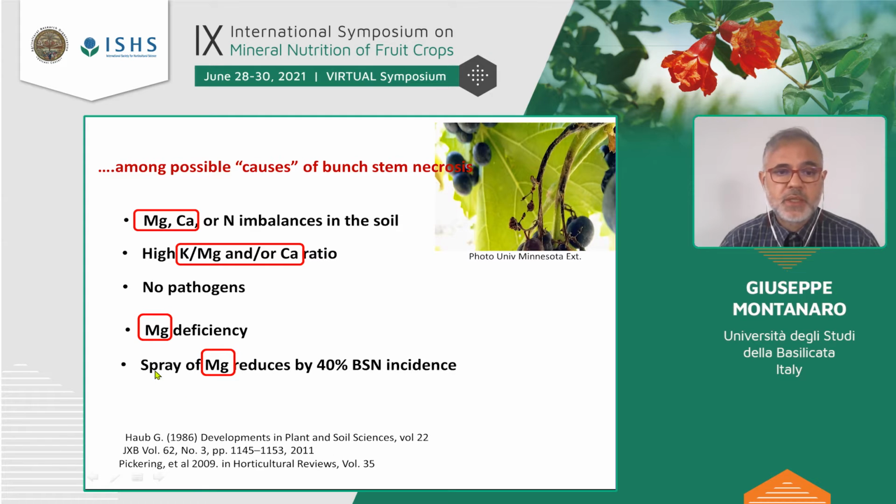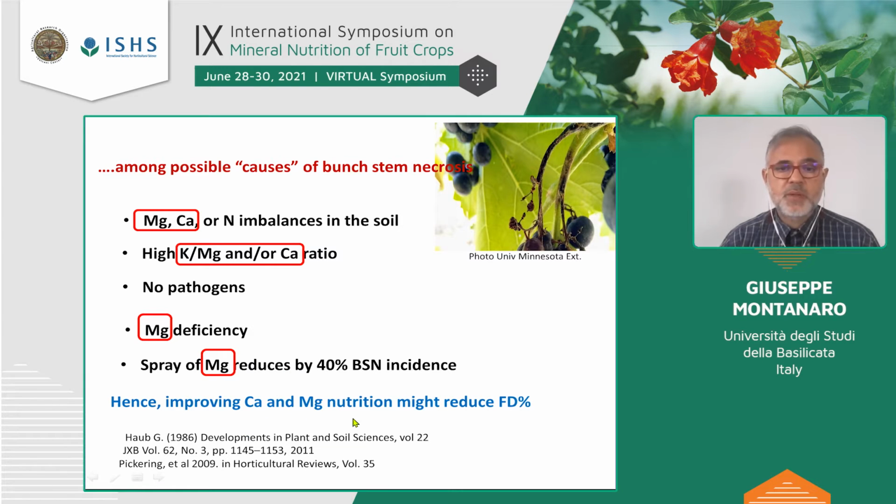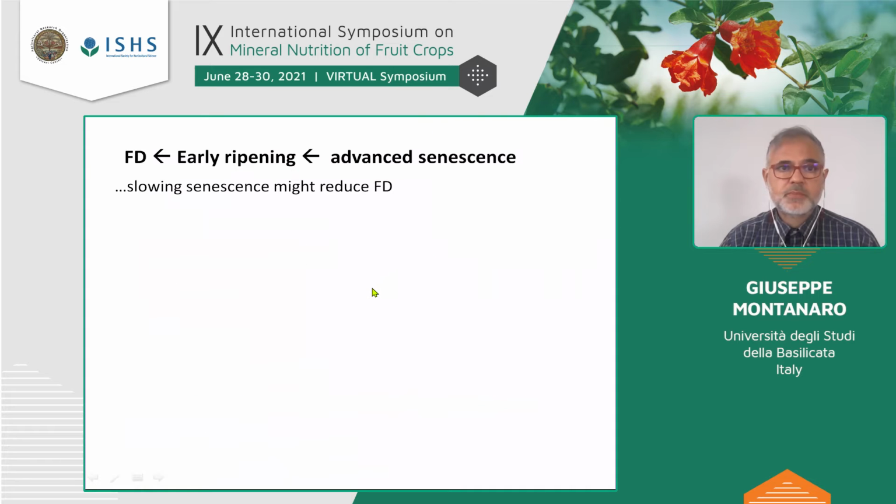Also, if you spray magnesium, the necrosis could be reduced by 40%. As you can see, there are very frequent similar messages about mineral nutrition. So if we improve calcium and magnesium nutrition, fruit drop might be reduced.